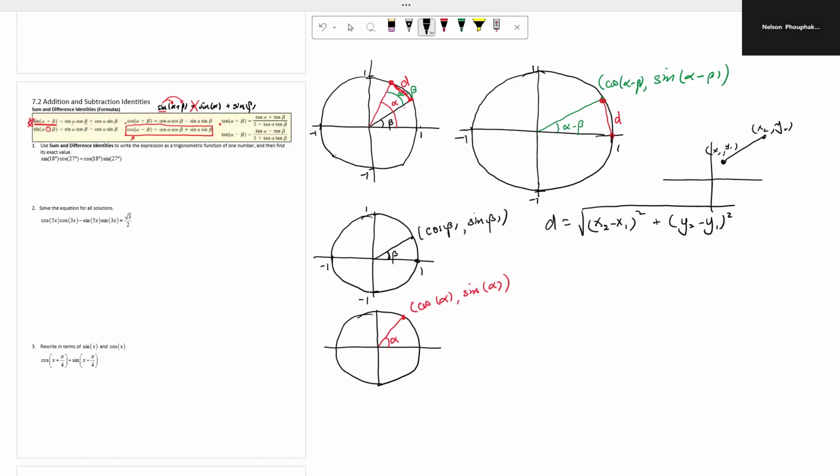So first, let us look at this distance d right here.